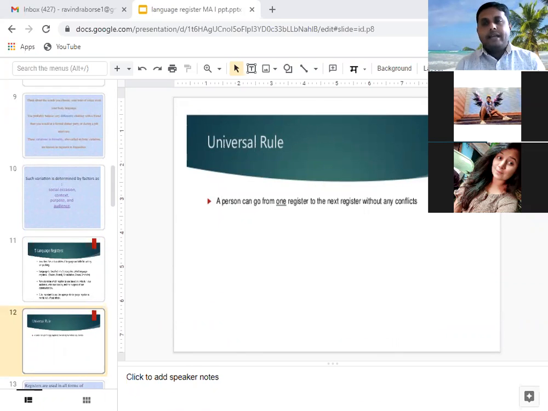Right? So before that, let's have a universal rule, and that is a person can go from one register to the next register without any conflict. Do you find it difficult to change the register? Yes, please.